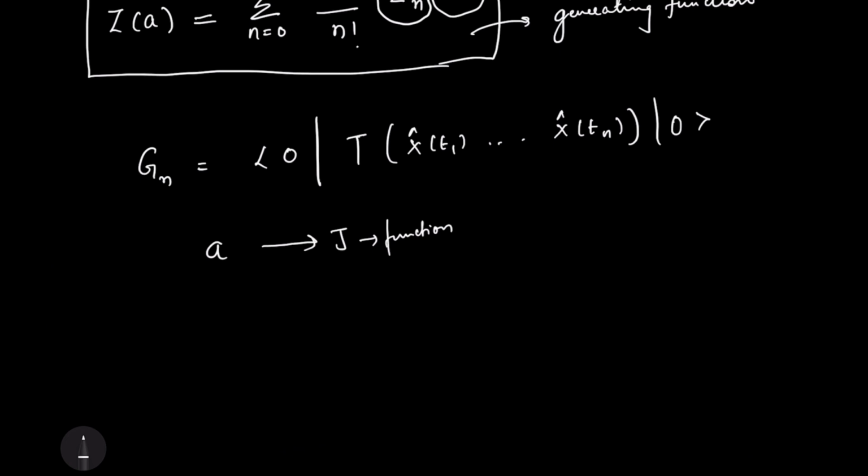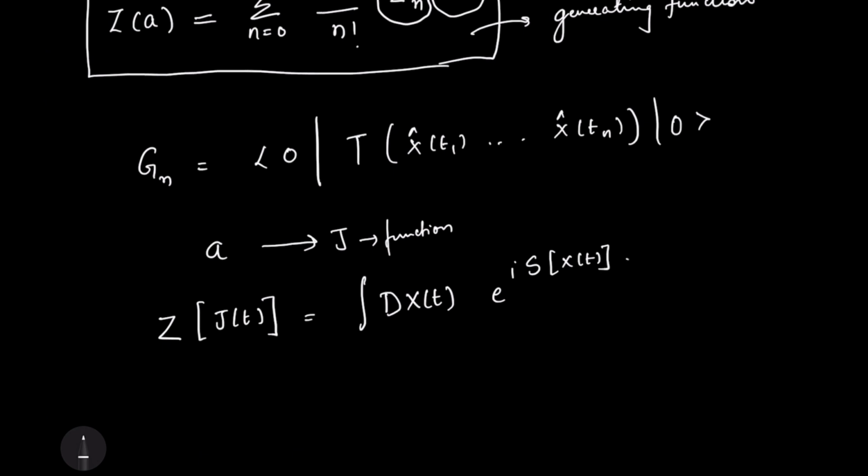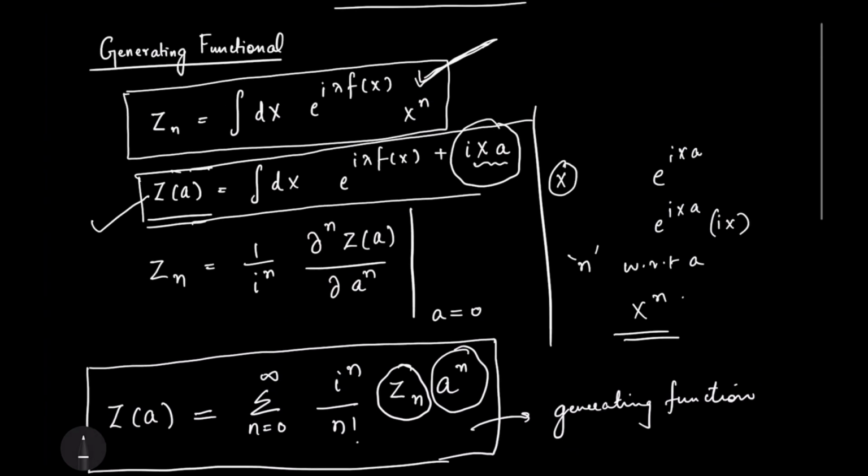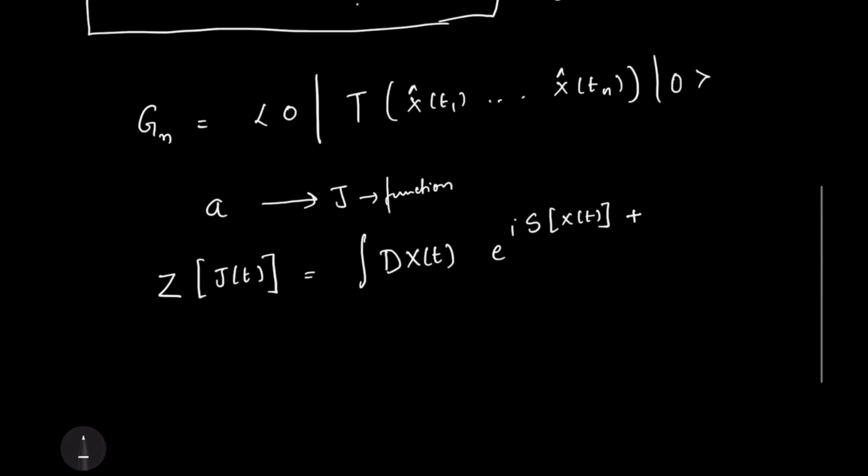So we introduce a path integral Z of J of t, which is equal to integral Dx of t, exponential i S of x of t, plus, instead of i x a, here it will be i integral dt prime J of t x of t.